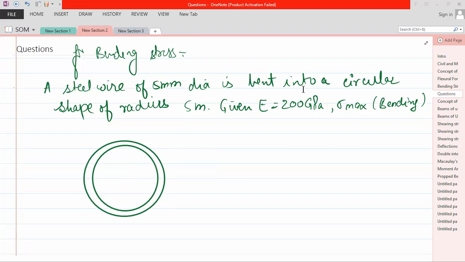Yeah, it is 100 Newton per mm square. Please check with the units. It is 100 Newton per mm square, it should be. Please check with the units.